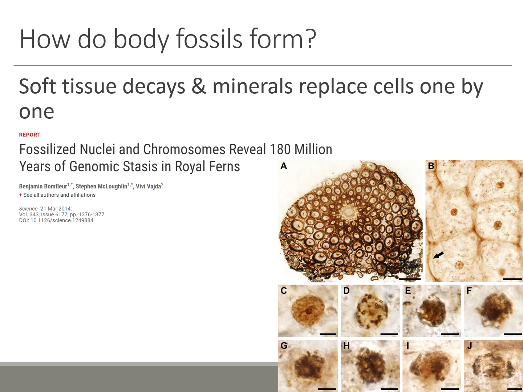And here's a really, really stunning example of this. As you can see, the title from this article, Fossilized Nuclei and Chromosomes Reveal 180 Million Years of Genomic Stasis in Royal Ferns. Actually, that's not that important here, but what we see is the fern. This is a microscopic image, so we can see the individual cells. And if you zoom in, you can even see the cell walls, the nucleus. And here, what we see are different stages of, if you remember, mitosis.